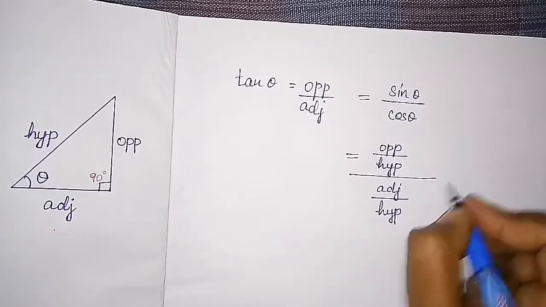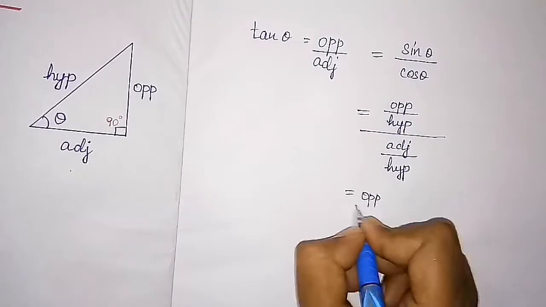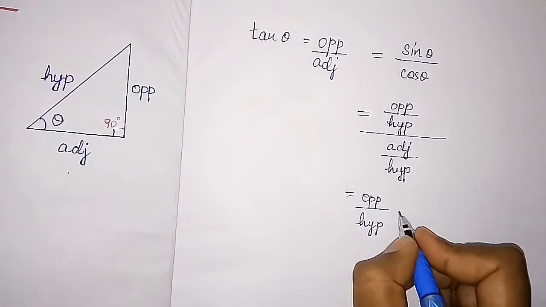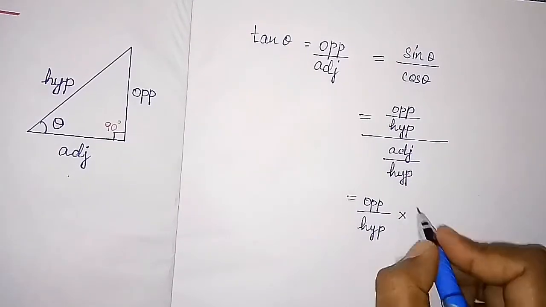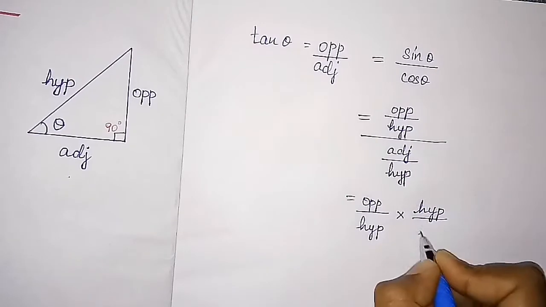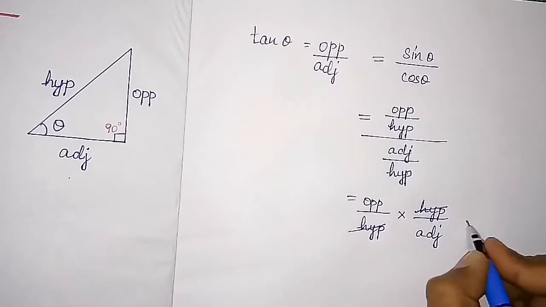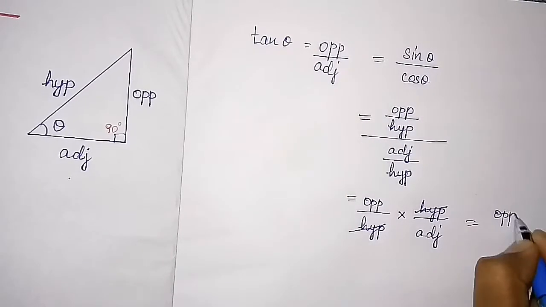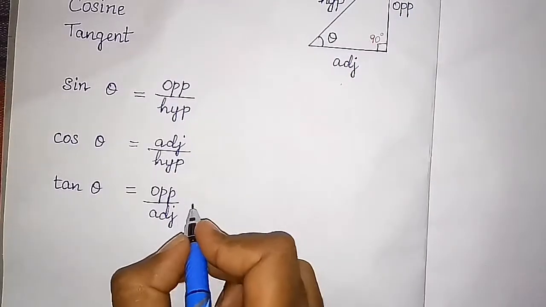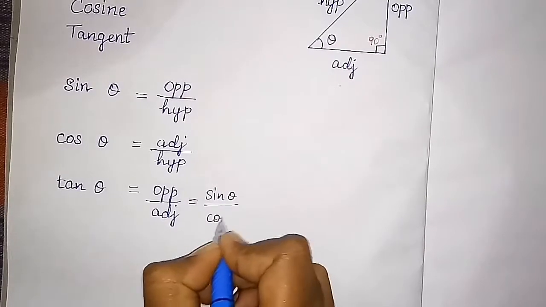When you change division into multiplication, the denominator becomes its reciprocal: opposite by hypotenuse times hypotenuse by adjacent. The hypotenuse and hypotenuse get cancelled, leaving opposite divided by adjacent. So tan theta can be written as sine theta divided by cos theta.